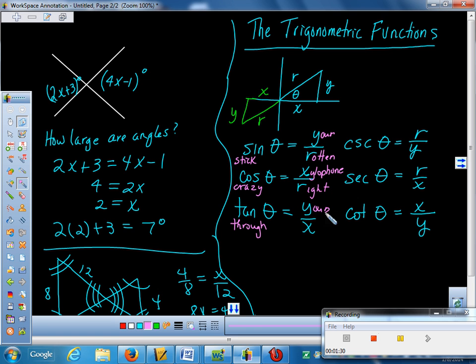So stick your rotten, crazy xylophone right through your X. It's worked for years. People remember their trig functions. Because I'll have them sitting there going, cosine, crazy xylophone, right, X over R. So that seems to help you.